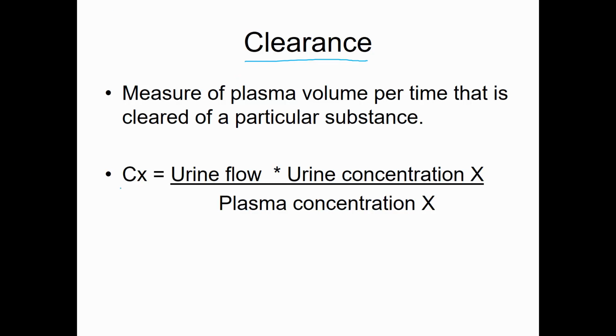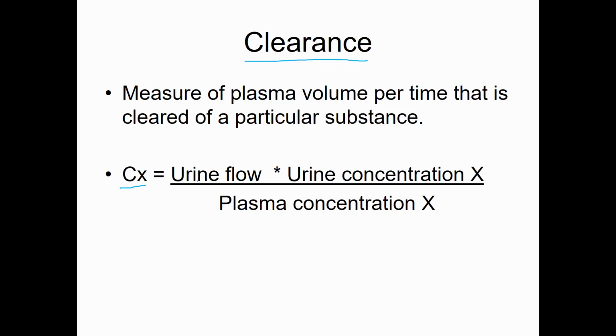So the clearance of X is equal to urine flow in mils per minute, times urine concentration, divided by plasma concentration of X. How is clearance measured? Well, a patient is asked to collect a 24-hour sample of urine, and that could be in the hospital. You need a 24-hour sample because you're going to take a sample to get the urine concentration, and we want that reflected over 24 hours.